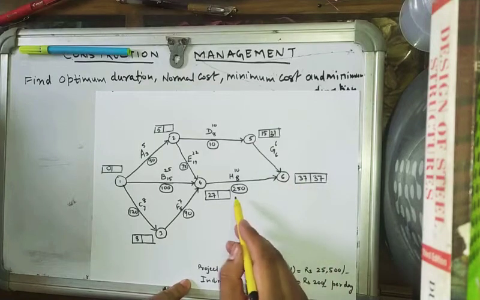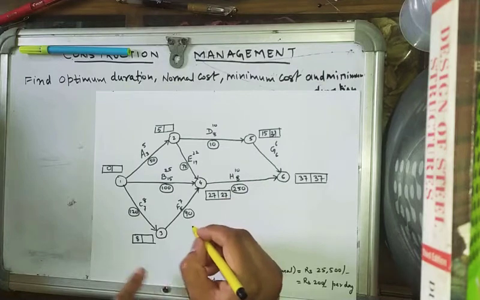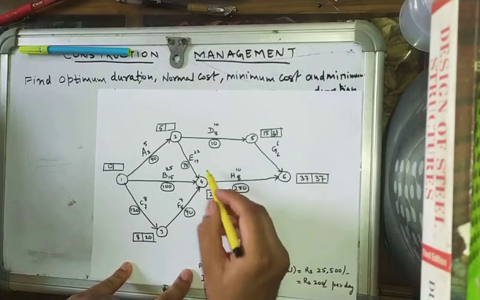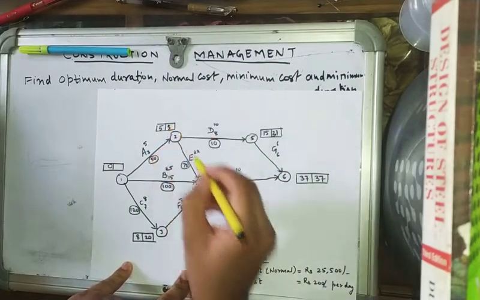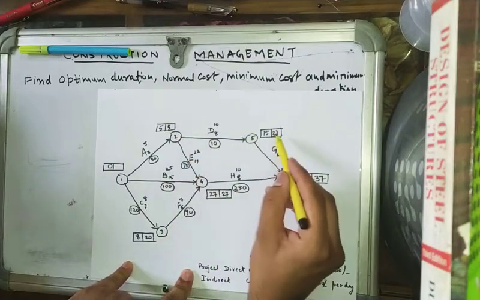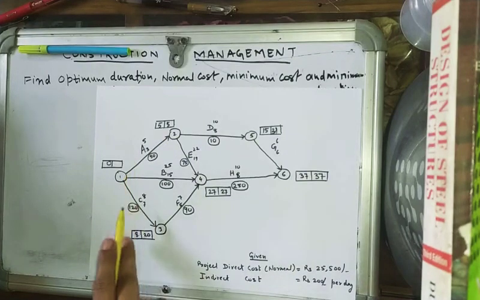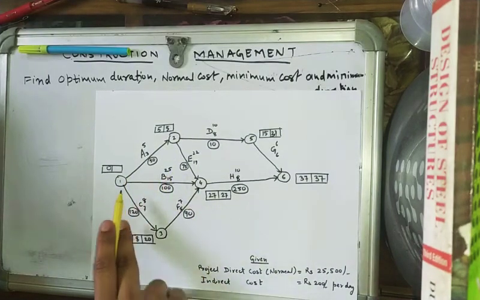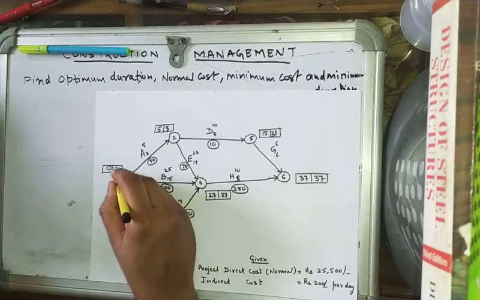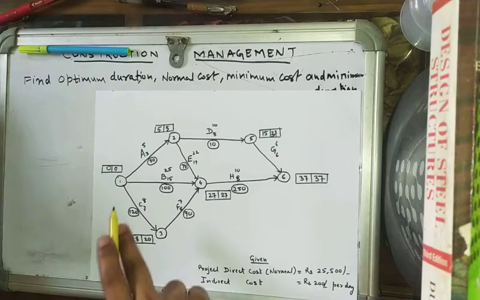So this way, 37 minus 10 is 27. 27 minus 7 is 20. 27 minus 22 is 5. 27 minus 25 is 2, and 31 minus 10 is 21, but we'll take the minimum of the values for LOT, that is 5 minus 5, 0. So here we have got the EOT and LOT values for this network.